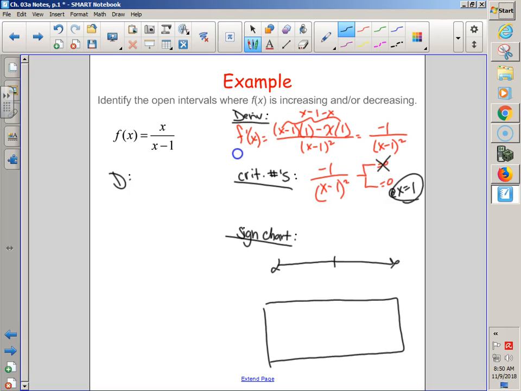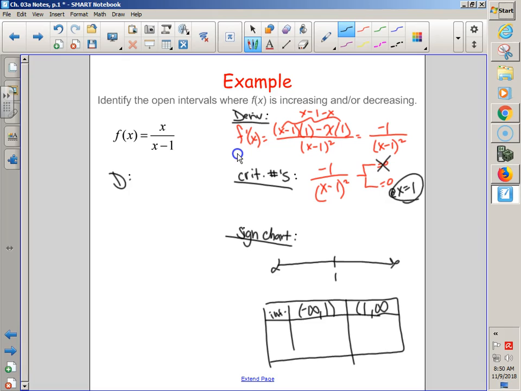The number line, we would say, hey, split it up at 1 because that's our critical number. The table would say, let's go ahead and split up our domain at 1 because it's our critical number. Both of them split up the x's in the exact same way: negative infinity to 1, 1 to infinity.